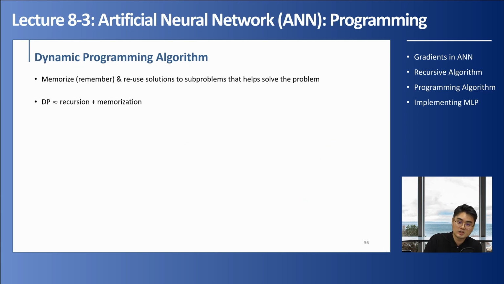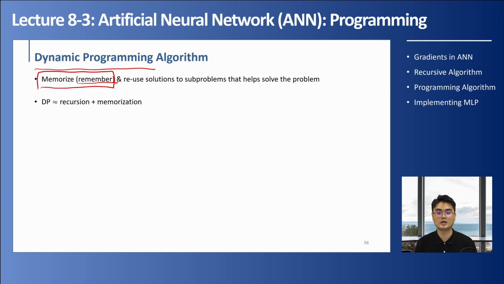So when we're talking about a dynamic programming algorithm, we're talking about this memoization technique: remembering the solutions from other instances and reusing these solutions to subproblems, which can help to solve the problem efficiently. So dynamic programming has recursion and memoization.